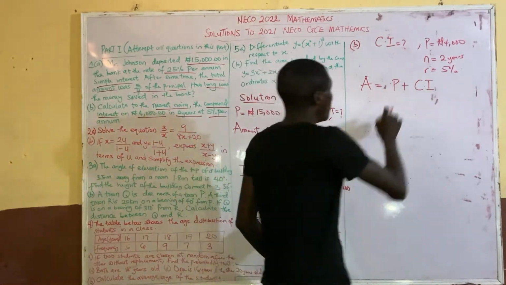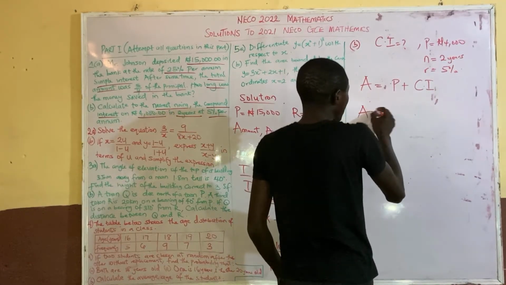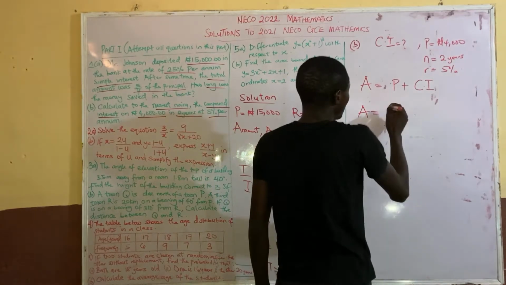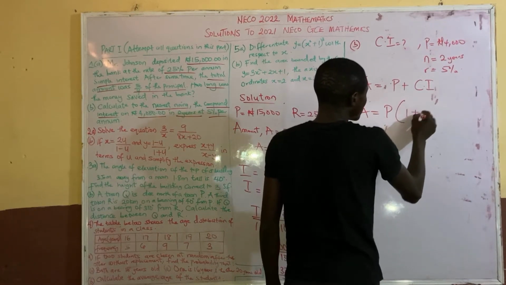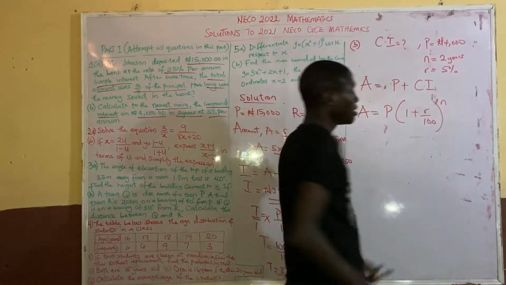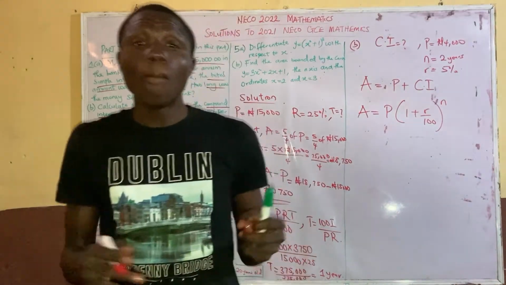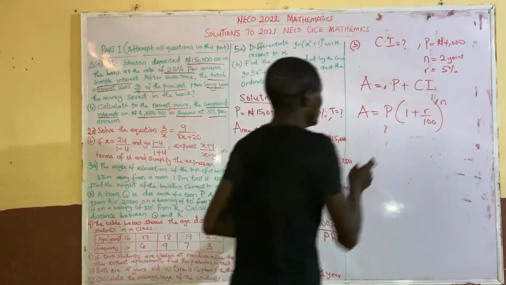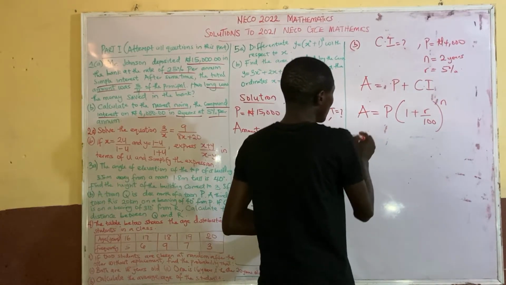The amount can also be calculated by A equals P into bracket 1 plus R over 100 raised to power n. That's the formula for calculating the amount in compound interest.